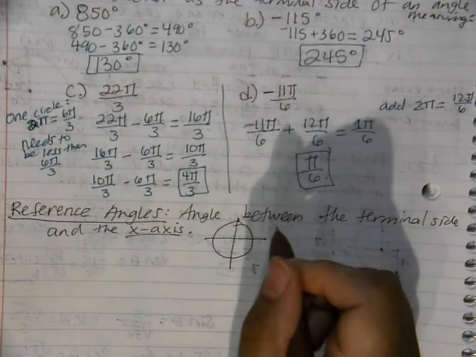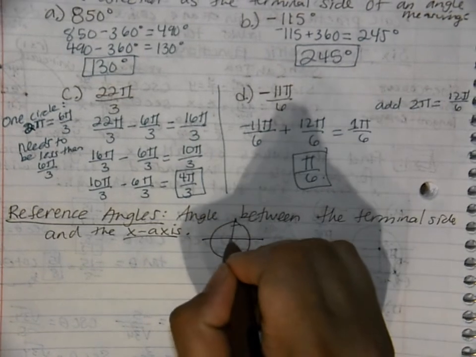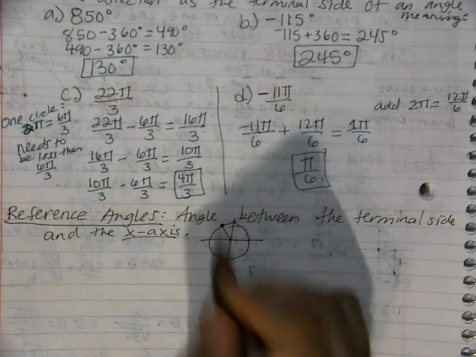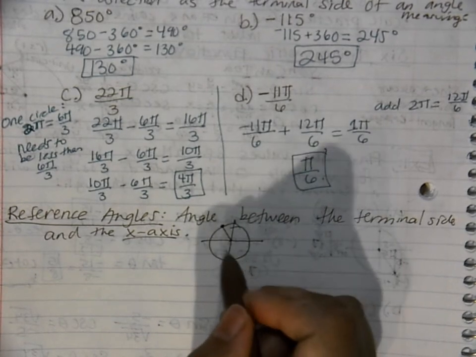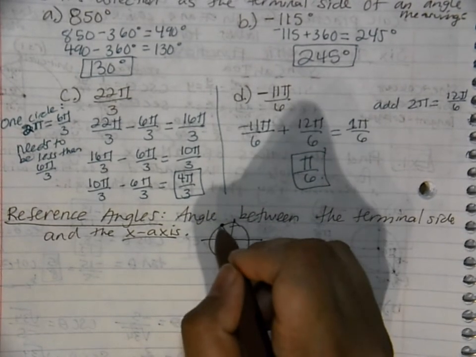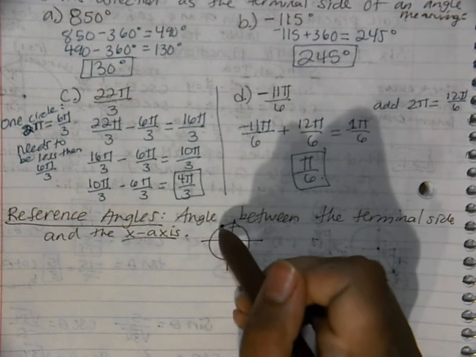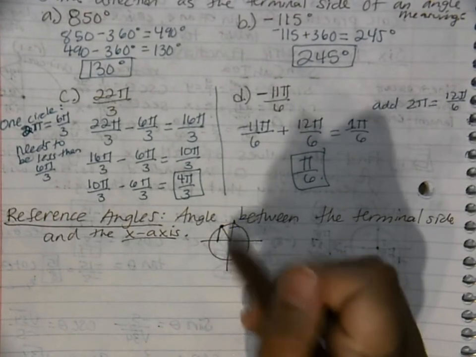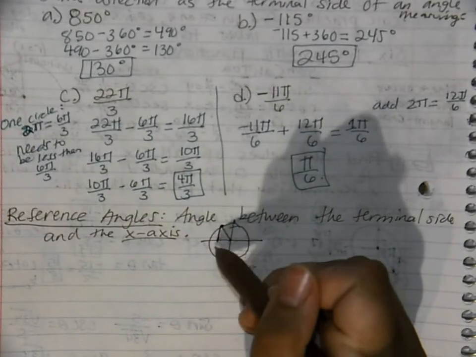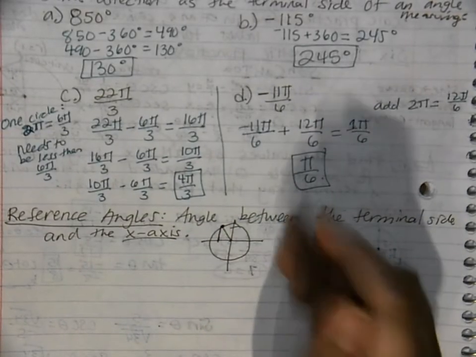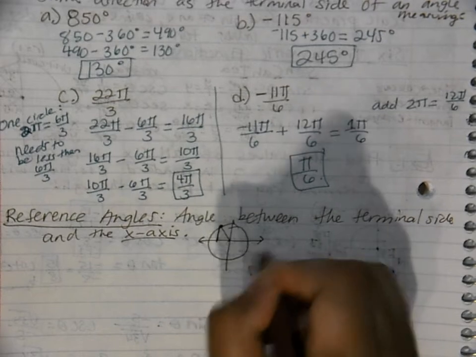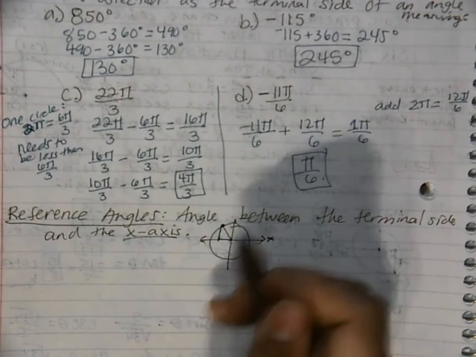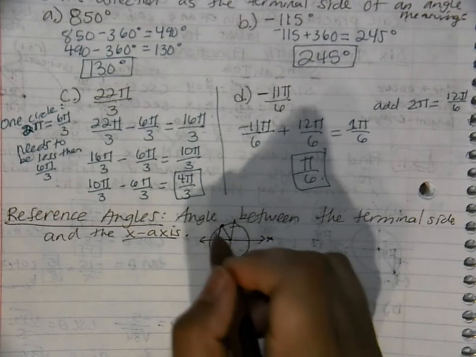Anytime I'm working with a reference angle, let's say I have this point here on the unit circle. The reference angle would be when I can draw a line going towards my x-axis. So drop down or up, depending on where your location is. You need to either go up or down only towards the x-axis. Remember, this is our x-axis, the horizontal one. And once you get to that, you now have to find the reference angle.